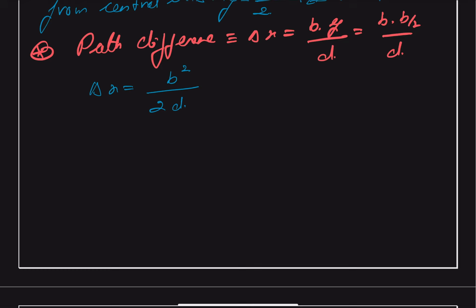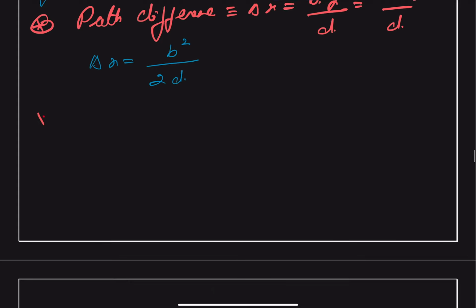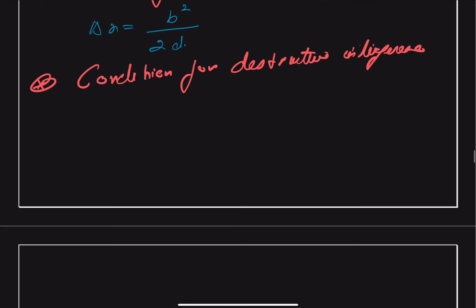And the condition for the missing wavelength is destructive interference, and this destructive interference will result in the missing wavelength.